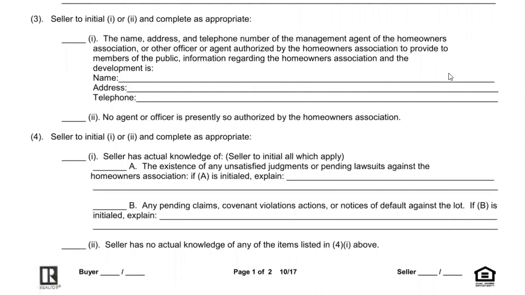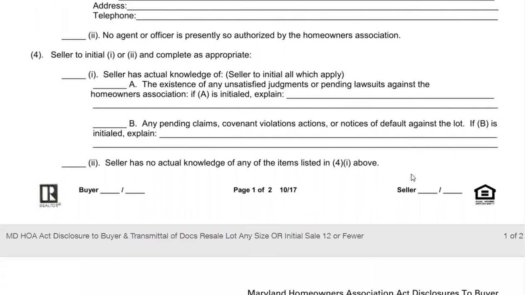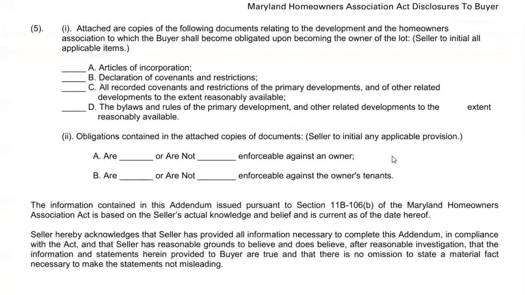As discussed, the seller also needs to provide contact information for the management agent. And they will also need to check off that they provided all of the pertinent documents laid out in the notice.